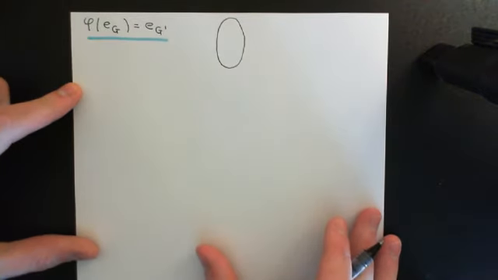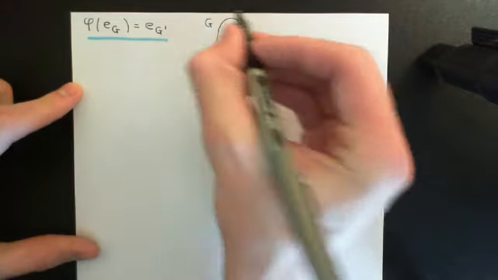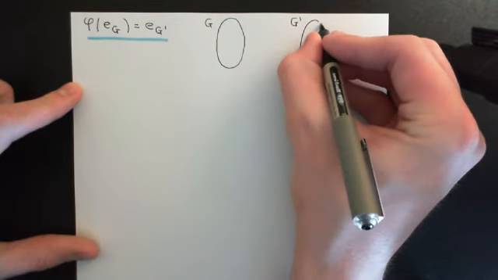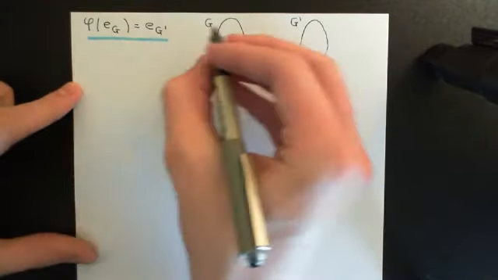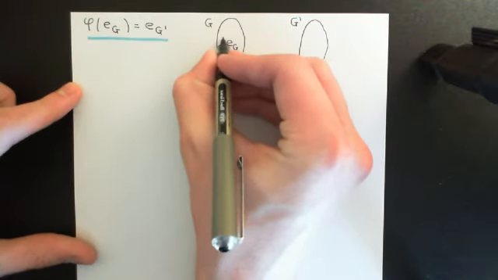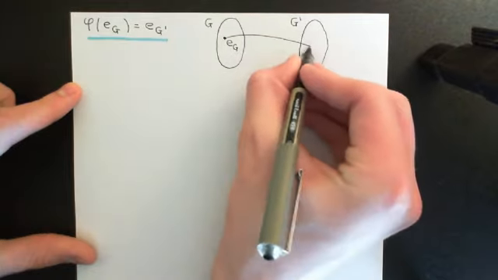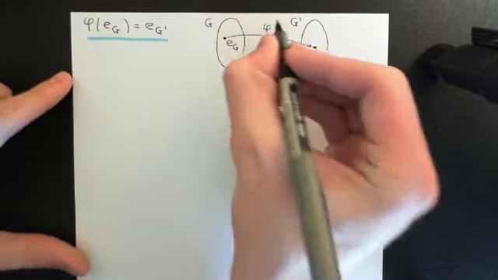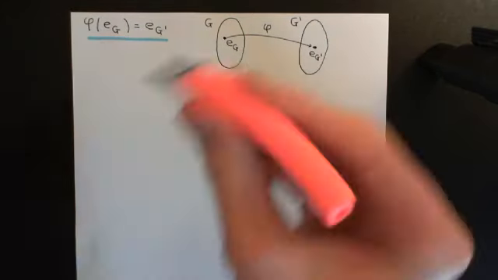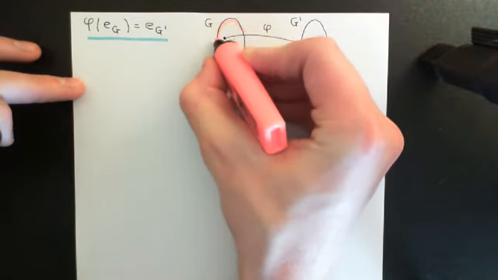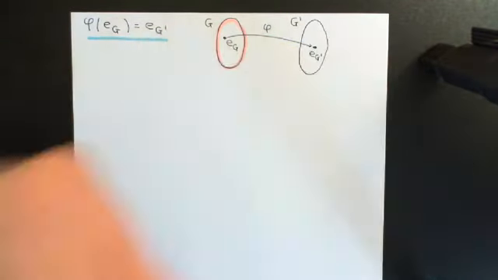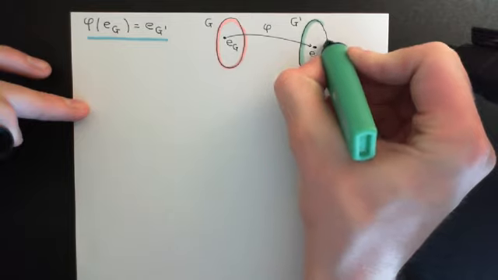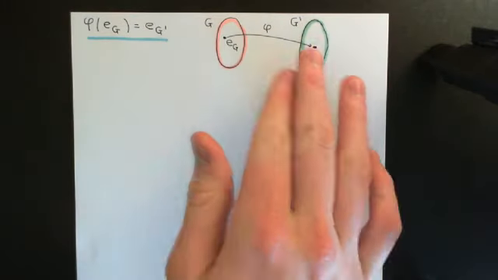This is our domain group, capital G here, which we've always denoted in red, and here is our codomain group, capital G prime here, which we've always denoted in green. Basically this theorem says that the identity in capital G will be mapped onto the identity in capital G prime. This is what we want to show always, so we want to be able to prove this.